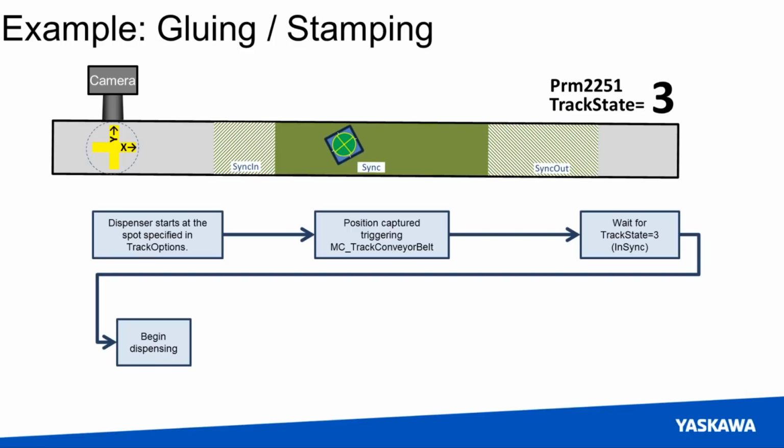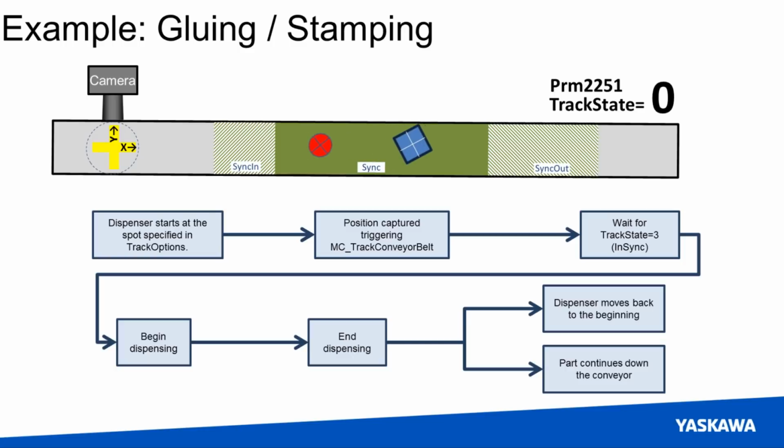That process takes however long that process takes, so maybe halfway through that synchronization zone, the dispensing is over. And at this point, I can break my tracking relationship by sending my tool back to the beginning while the part continues to move down the conveyor belt.